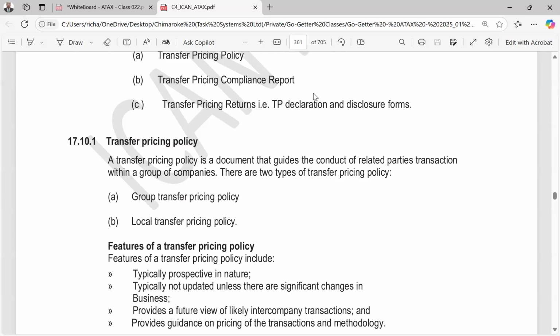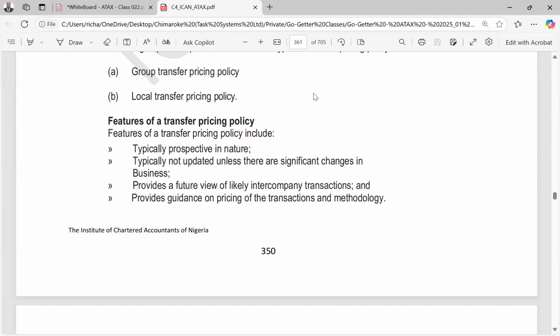Now, transfer pricing policy. A transfer pricing policy is a document that guides the conduct of related party transactions within a group of companies. And there are two types: group transfer pricing policy and local transfer pricing policy. Some of the features here: it's typically prospective in nature.